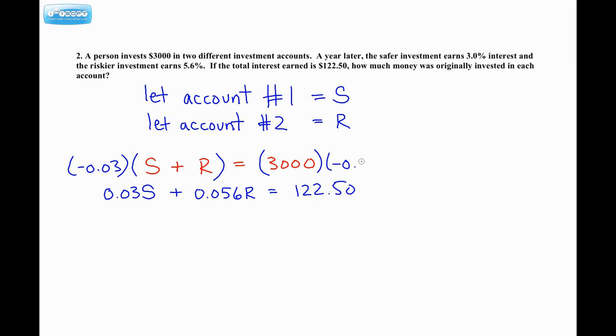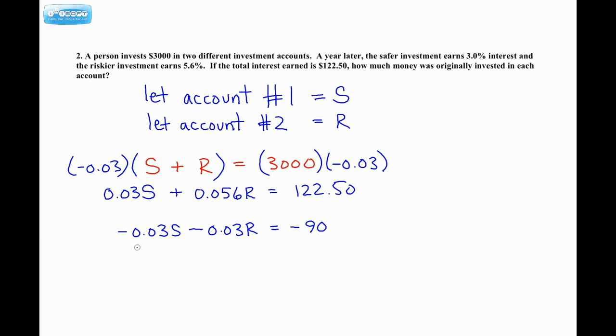What you do to one side, you must do to the other. Okay. So this first equation, when I multiply it out, is negative 0.03 S minus 0.03 R, and that is equal to negative 90. Of course, when you're dealing with numbers like this, I would give you a calculator, hence the little picture at the top of the page.